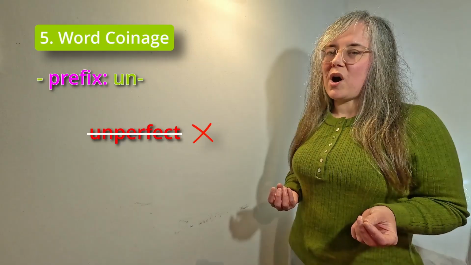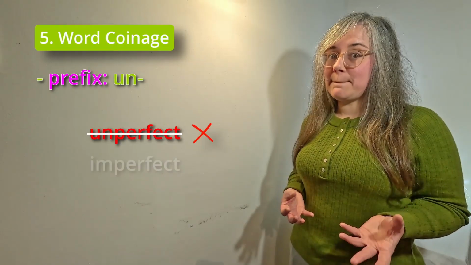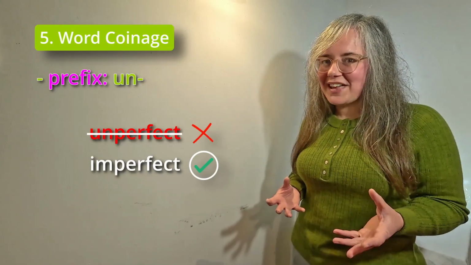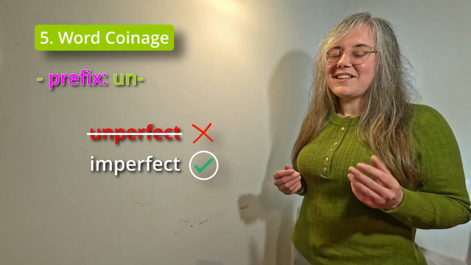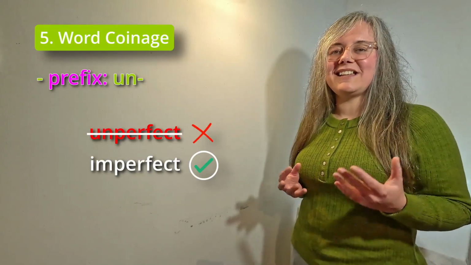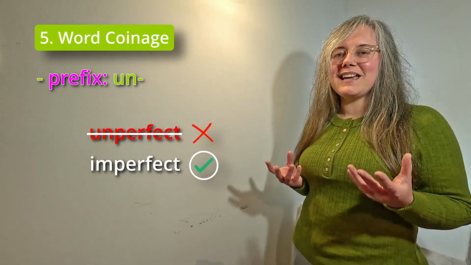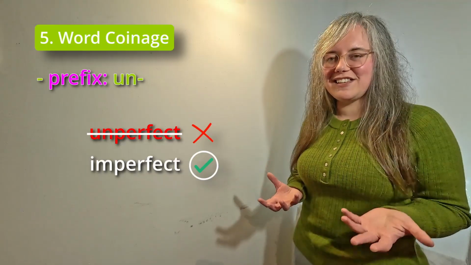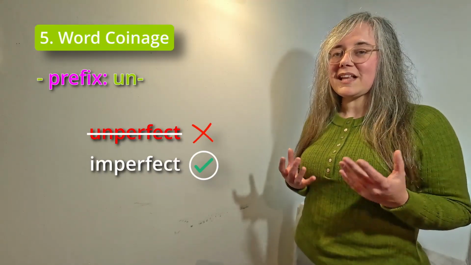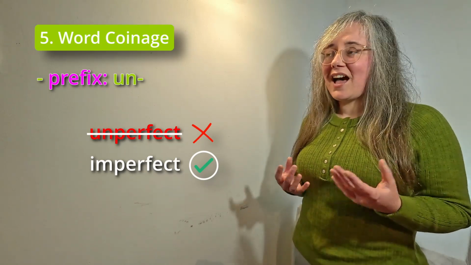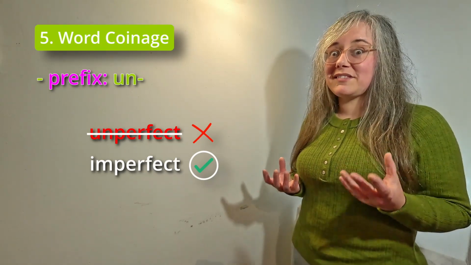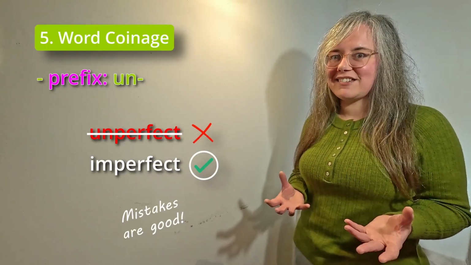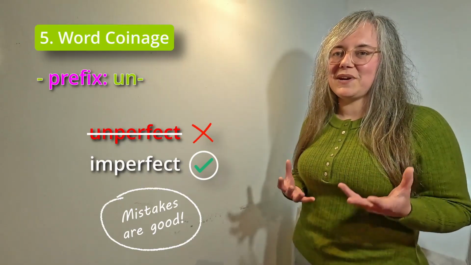The negative form of perfect is "imperfect". But again, I really want to emphasize that here, the aim is not necessarily to be correct. The aim is to achieve communication, continue speaking, continue the conversation. So even if you say "unperfect", people will still understand what you mean. You will have achieved communication and you will be continuing the conversation.